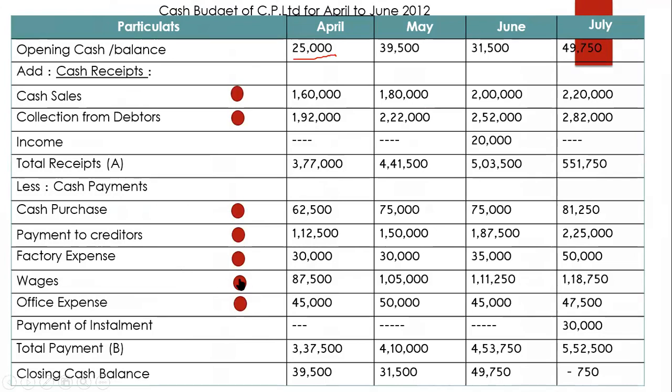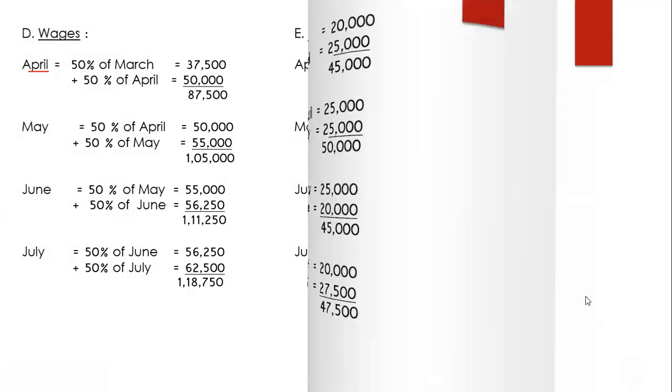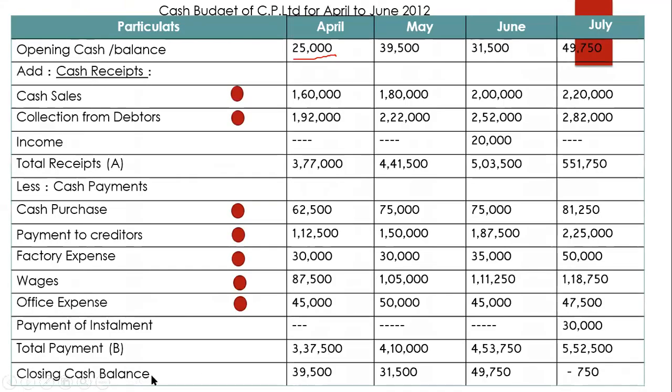Same way wages and office expenses are also given. Wages: 87,500, 1,05,000, 1,11,250 and 1,18,750.